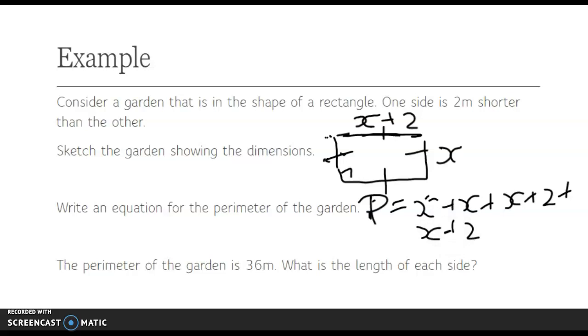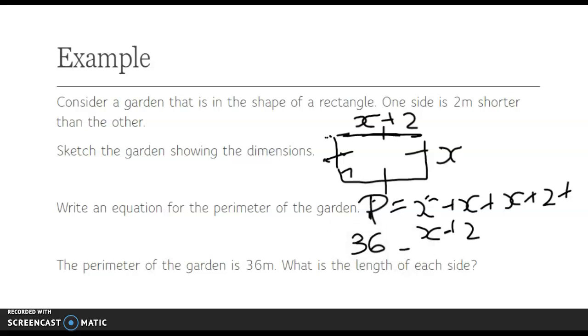Now the third part says the perimeter of the garden is 36. What is the length of each side? So we haven't quite finished our garden. Let's put the 36 into our equation. Now P is for perimeter, so I'm going to replace P with the number 36.